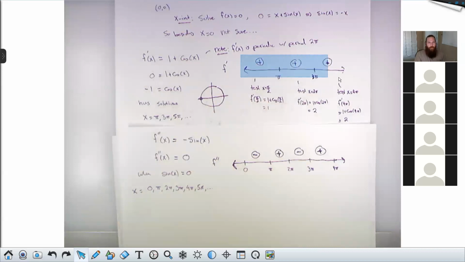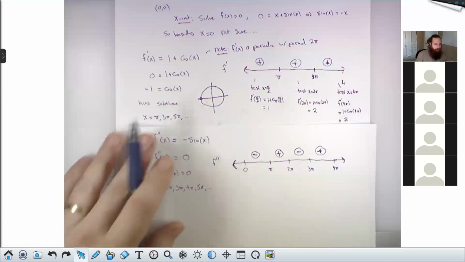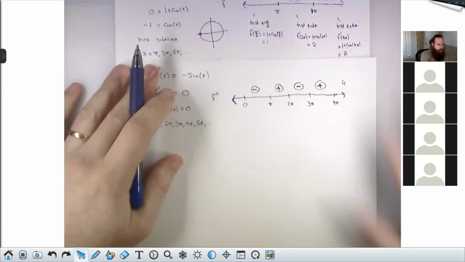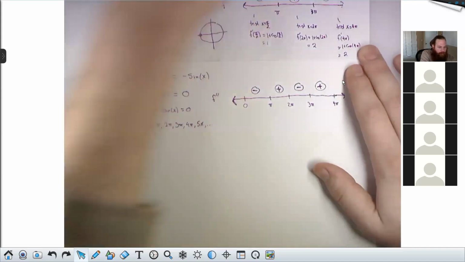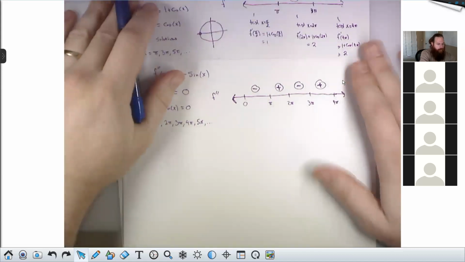And I know that f prime is always positive, which means f is always increasing. If you go through the origin and you're always going uphill, that means you're positive everywhere to the right of 0 and negative everywhere to the left of 0. So there are no other x-intercepts. 0, 0 is the only one.